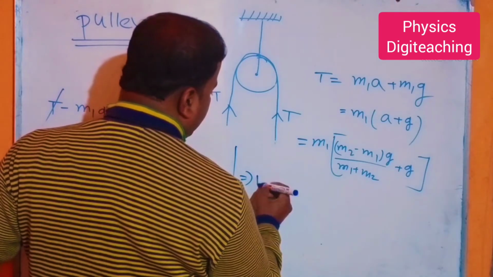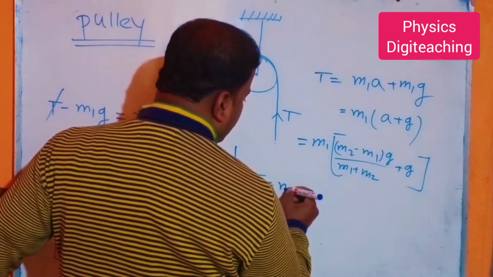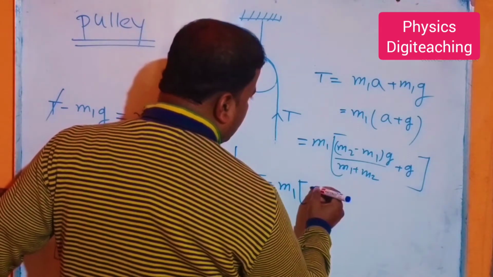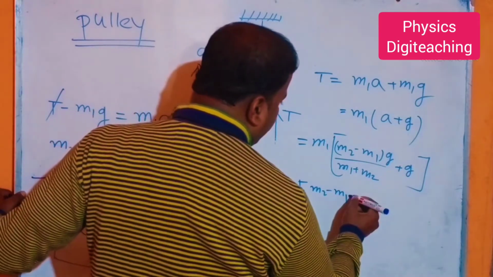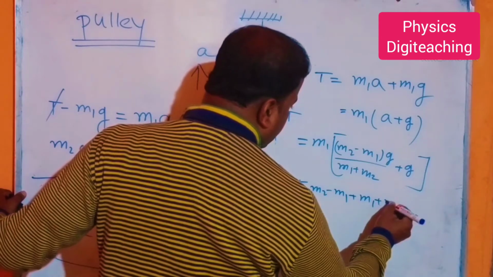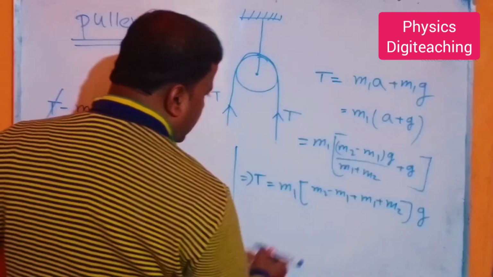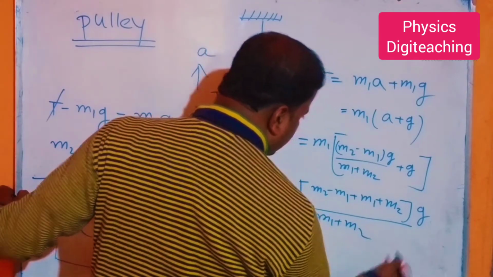Now T equals M1 into M2 minus M1 plus M1 plus M2. We take G outside the bracket, and the denominator is M1 plus M2.